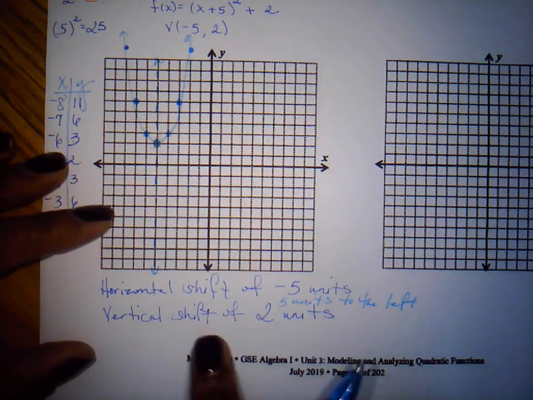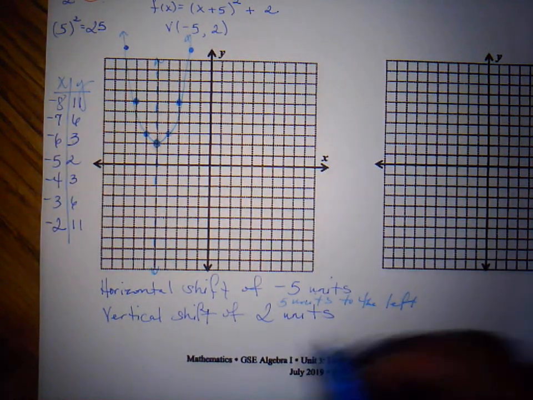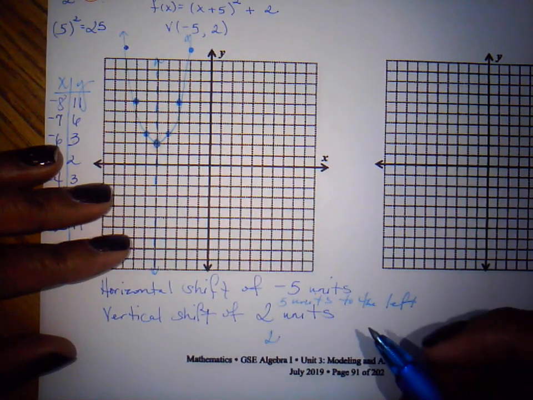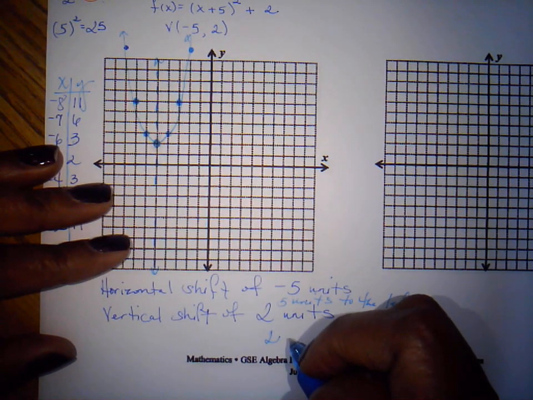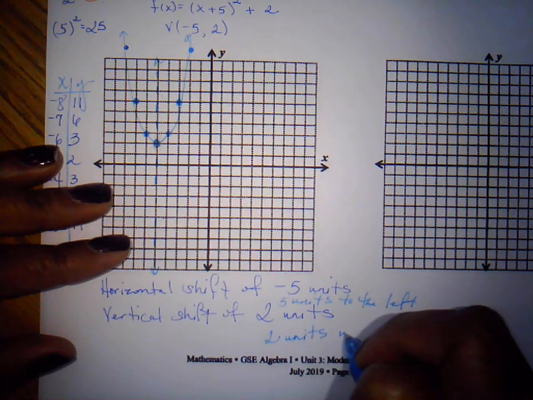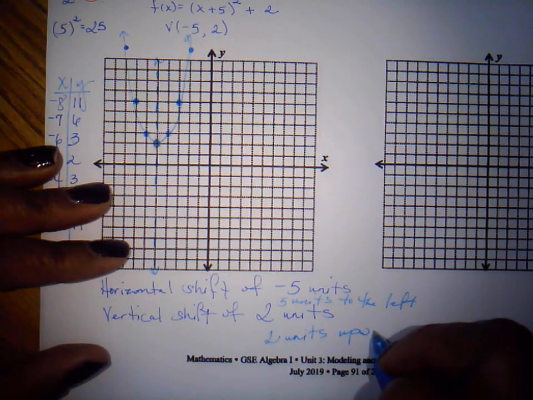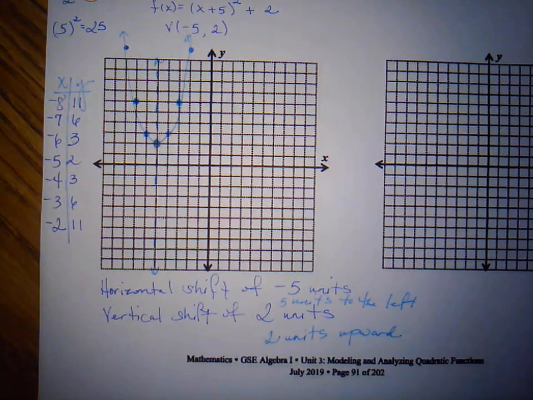And if you want to say vertical shift of 2 units up, or upward, by all means, do what's most comfortable for you. Okay, young people? All right.